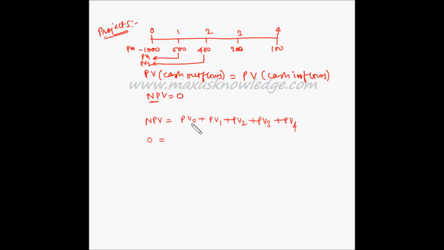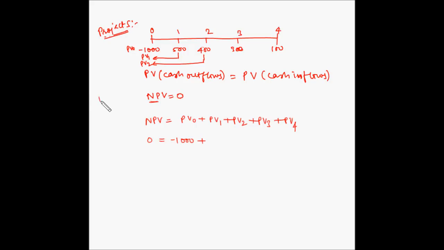For the cash outflows, we will take a negative sign. So PV0 will be represented as minus 1000 plus PV1: 500 will be discounted at IRR to create PV1.